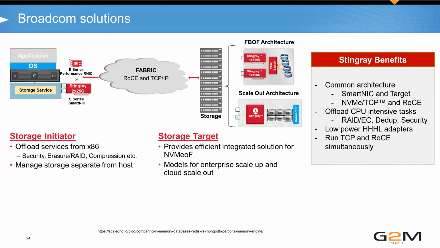And again, whether you're transporting over Rocky or TCP/IP, it provides a great value to the host systems by providing CPU utilization back to the systems. And whether it's a hyperscaler who generates revenue off of that, or it's an application server that can provide more performance back to the server, we see that as an important benefit. And then in terms of both fabric-based JBOFs, or what we call FBOFs, or scale-out architectures, having support for both Rocky and TCP/IP on the target side, we see as extremely important.